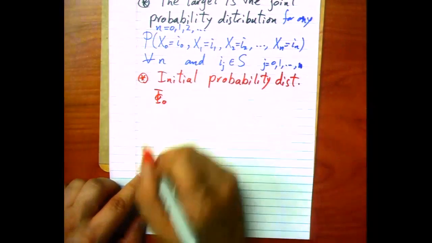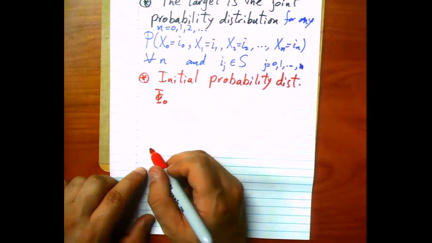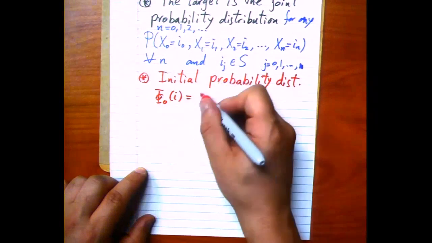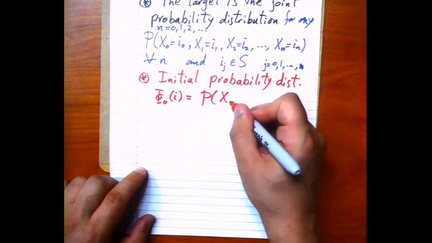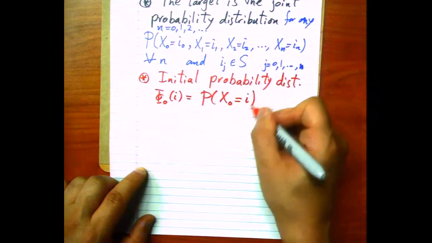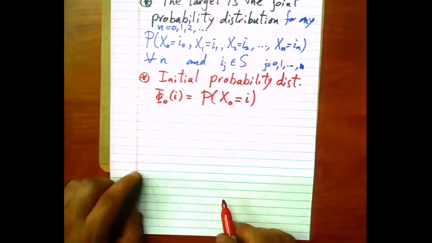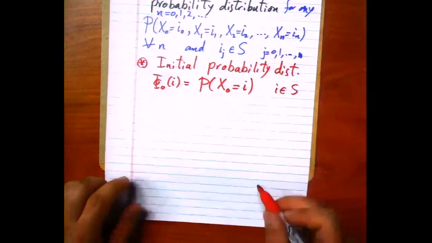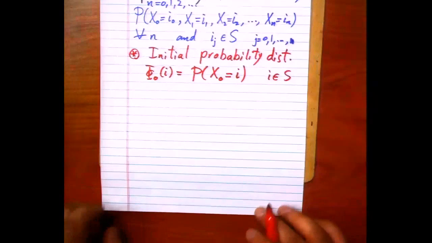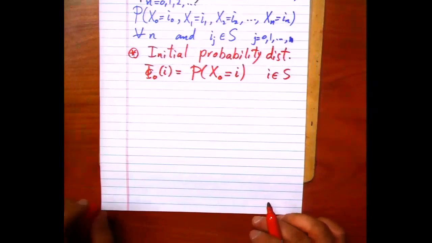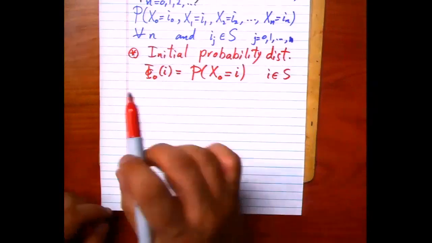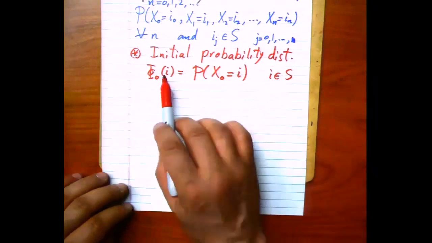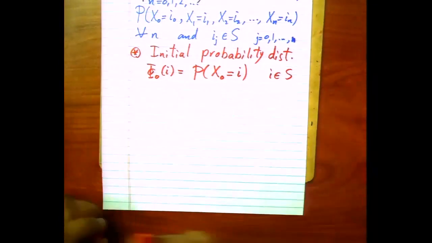That's the probability distribution, and phi0 of i is the probability that the process starts at state i at time 0, where i belongs to S. So it gives weight to every state in the state space that tells you the probability of starting from each of these states.